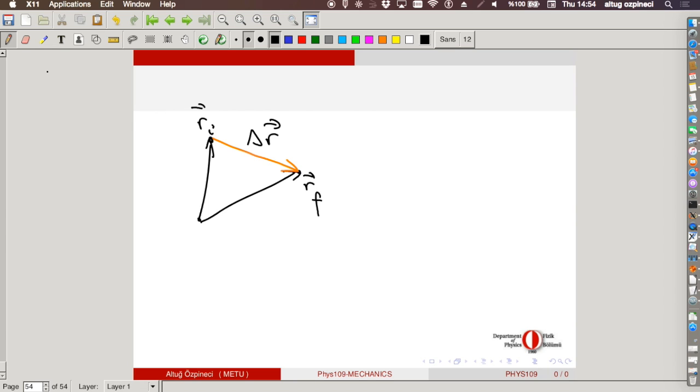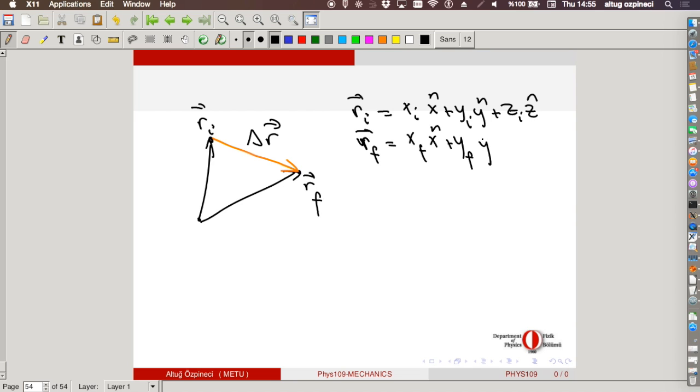Now we can also write this in terms of the components. If you write the initial point as xi in the x direction plus yi in the y direction plus zi in the z direction, and similarly for the final point, x final in the x direction, y final in the y direction plus z final in the z direction, then the displacement vector will be just the difference of these two.